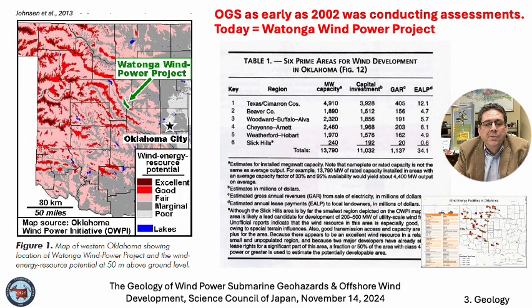And we can see that this kind of study did in fact lead, as this 2013 article shows, now over a decade old, to the big Watonga Wind Power Project, one of the large flagship projects in Oklahoma for wind, being developed along one of these ridge lines, targeting that kind of landscape.